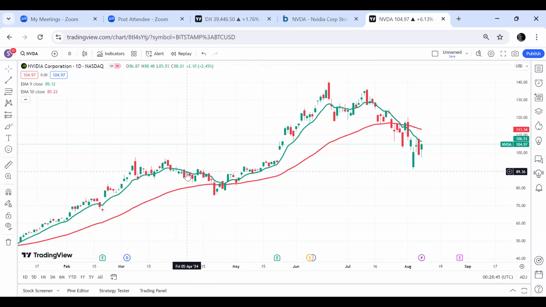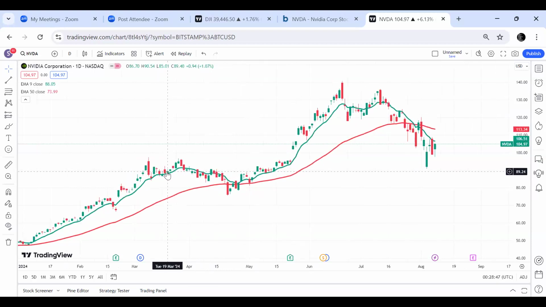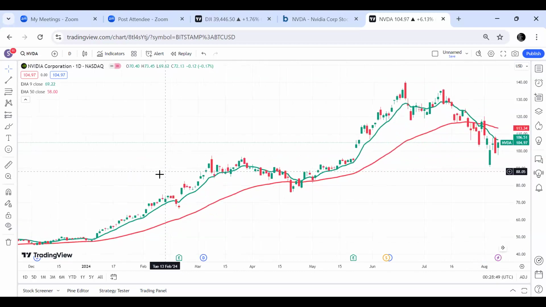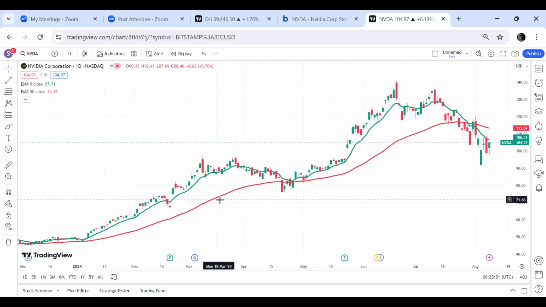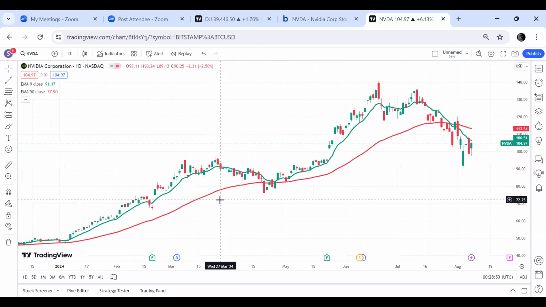They are useful for identifying short-term trends. On the other hand, you have slow moving averages, like 50 moving average, 100 moving average, 200 moving average. These move more slowly and tend to be further from the current price. They are better suited for spotting long-term trends.